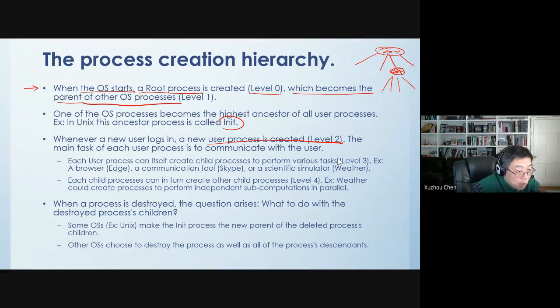These are all user processes. Now each user process can itself create child processes. So these child processes become level 3 or level 4.